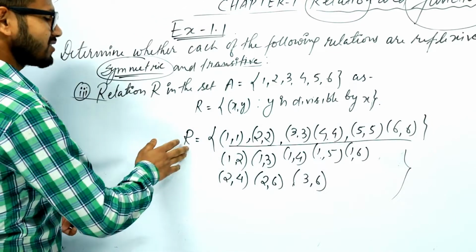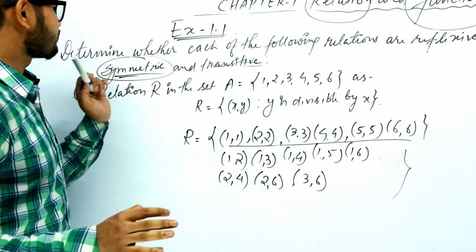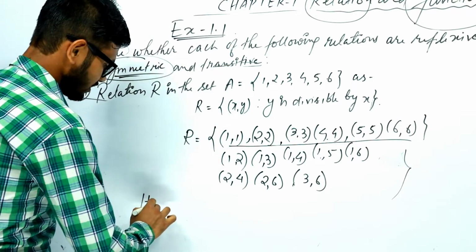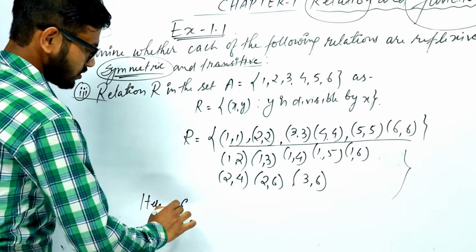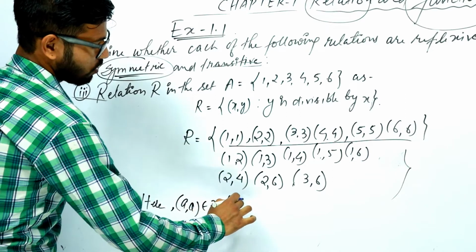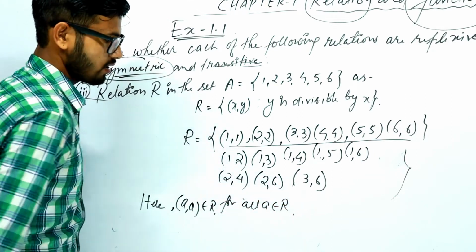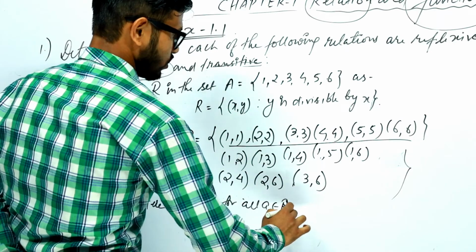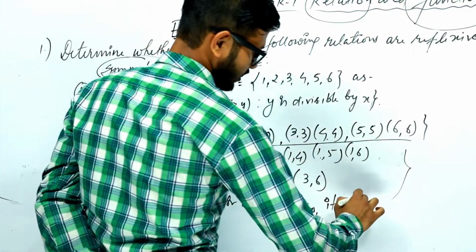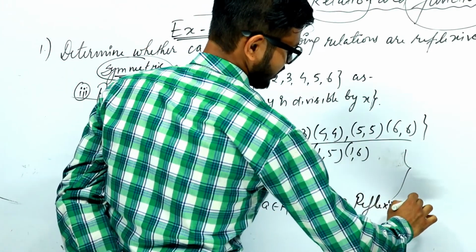So we can say that this relation is a reflexive relation. Here we can write (a, a) belongs to R for all a belonging to A. So it is a reflexive relation.